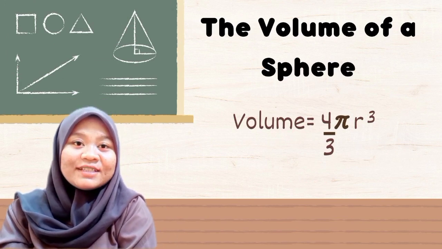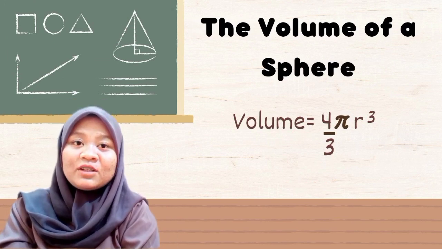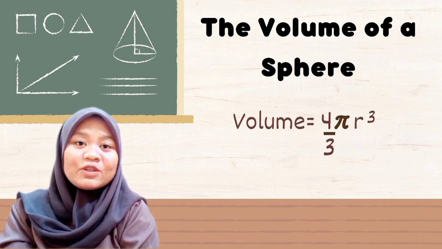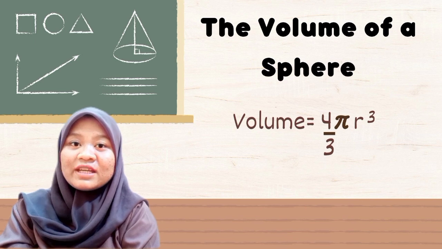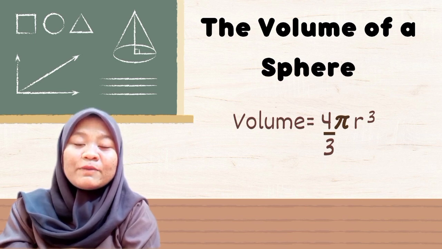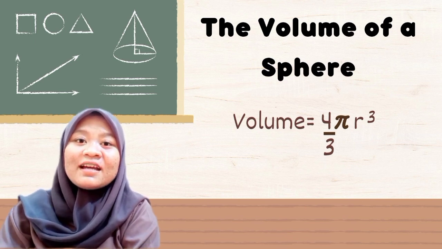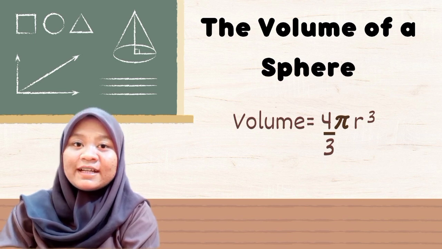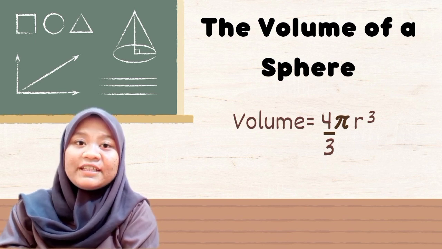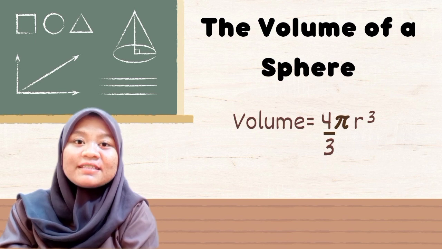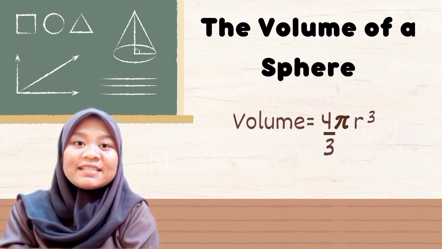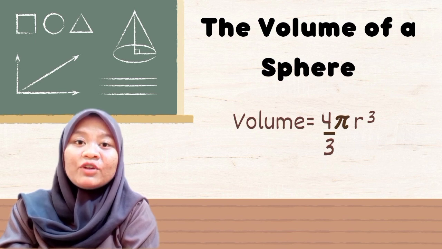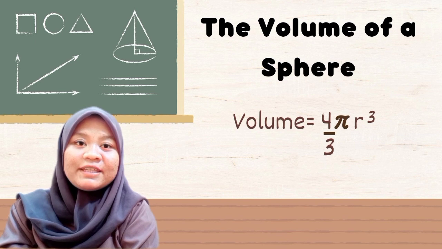Volume of a sphere. The amount of space occupied by the three-dimensional object called a sphere is known as the volume of the sphere. According to the Archimedes principle, the volume of a sphere is given as the volume of sphere is 4/3 πr cubed.